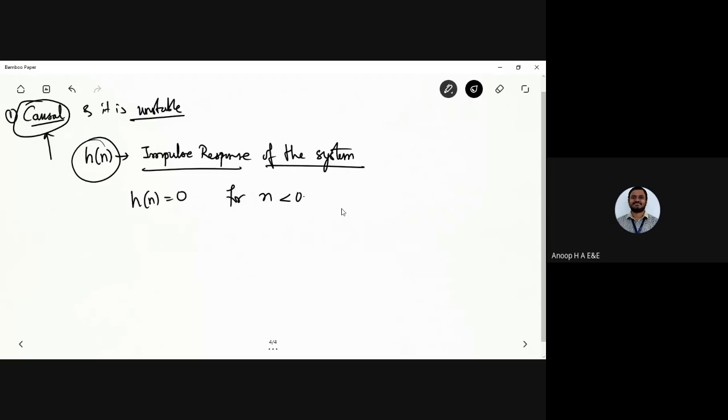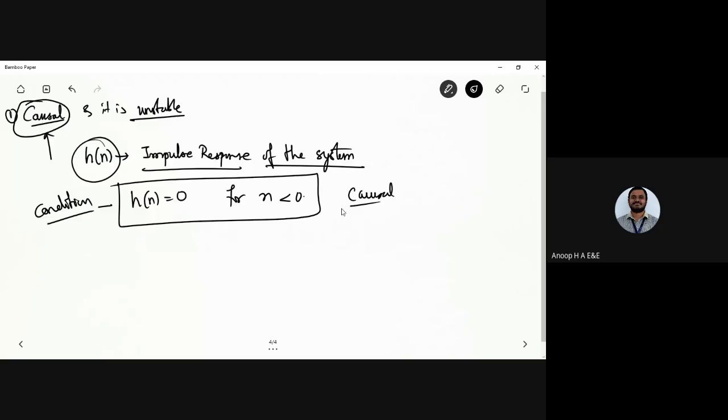This is where you are generally calling the system to be causal. So if it satisfies the condition, say h of n would be equal to 0 for n less than 0, that is, this impulse response of the system will be equal to 0 for n less than 0, then you are calling the system to be a causal system.